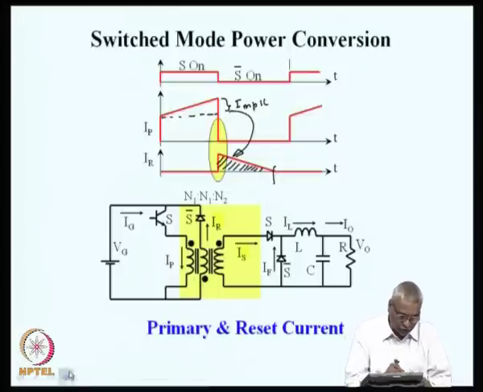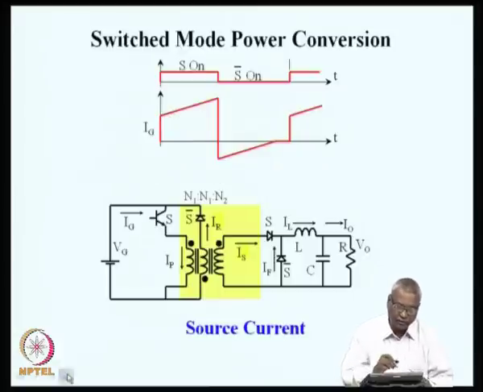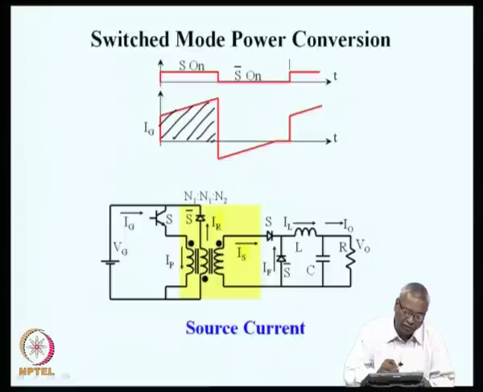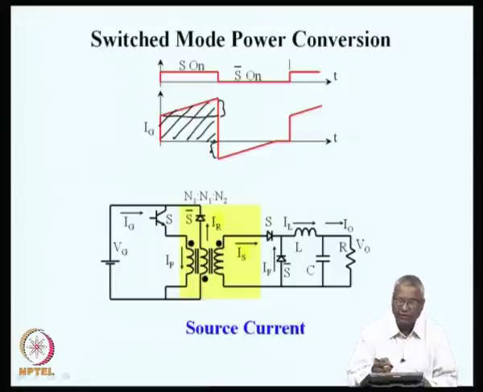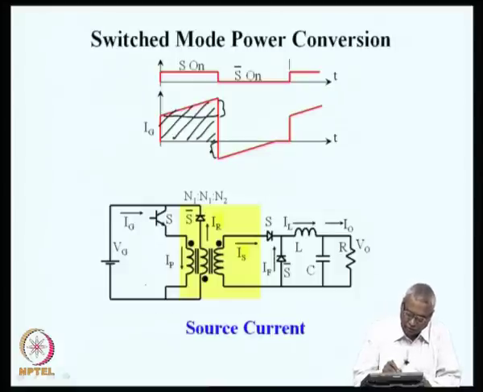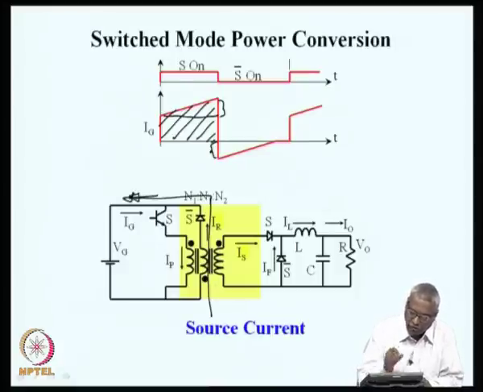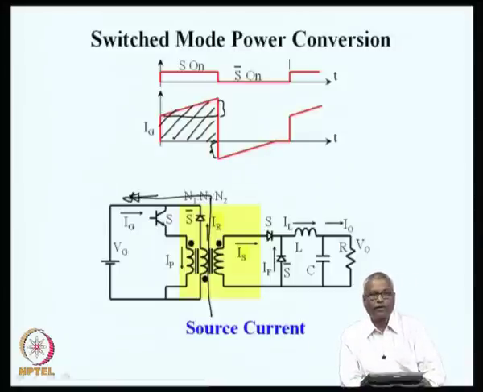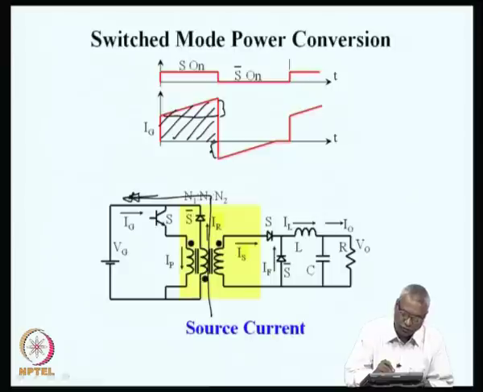So, the source current will show the secondary reflected current on the primary plus the magnetization current, but during the reset period, the magnetization current reverses direction and flows back through the IR winding, through the diode, back into the source, and that is what you see here.